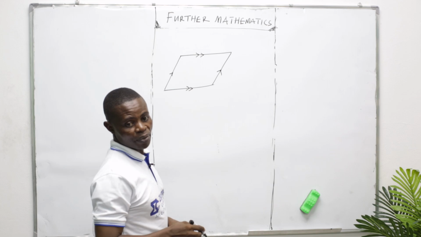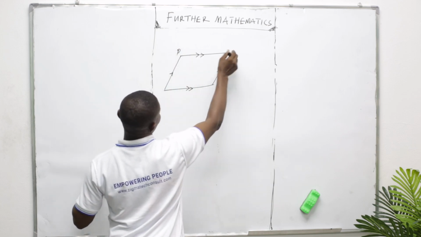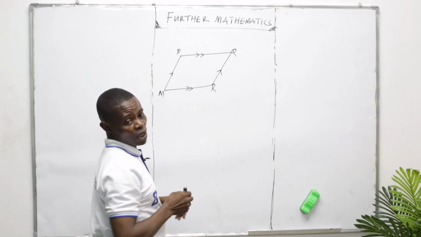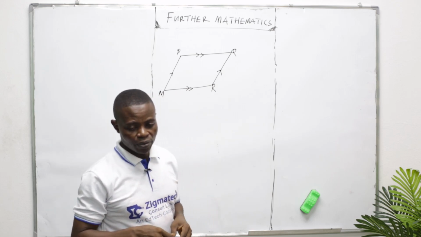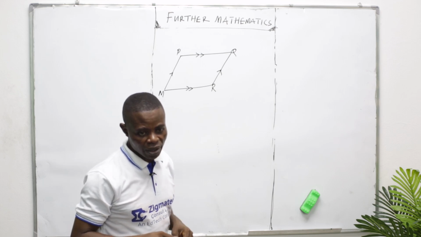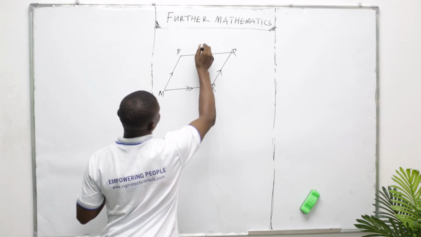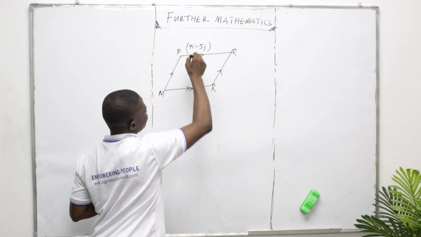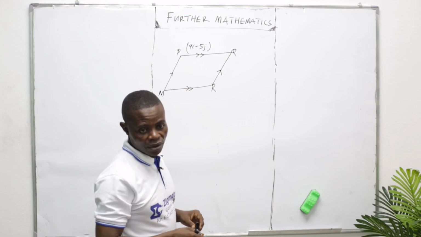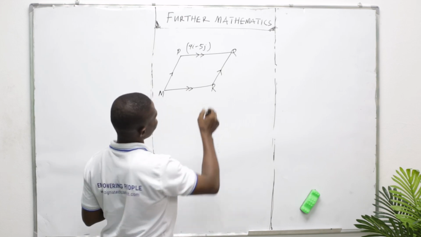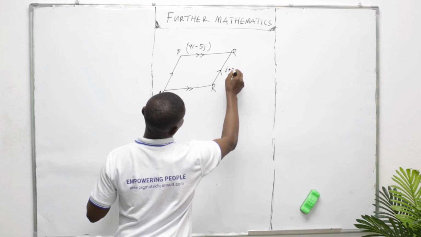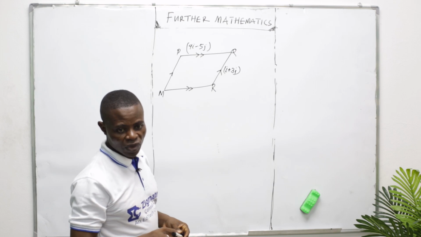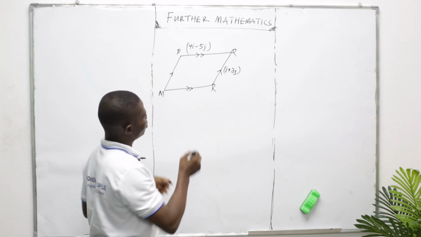So parallelogram PQRM, our points: P is 4i minus 5j, Q is i plus 3j, then R is minus 5i plus 2j.